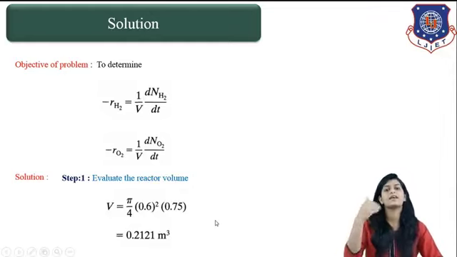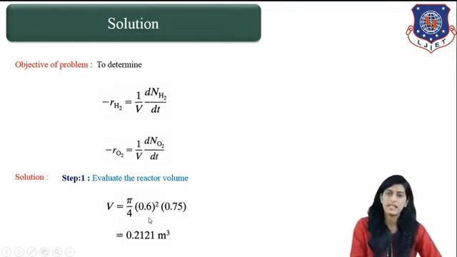Converting centimeter into meter, it is divided by 100, that's why it is 0.6 and 0.75. So pi by 4 d square L, on calculating it, we get 0.212 meter cube. This is the reactor volume which we will be substituting here to determine the value of this equation.